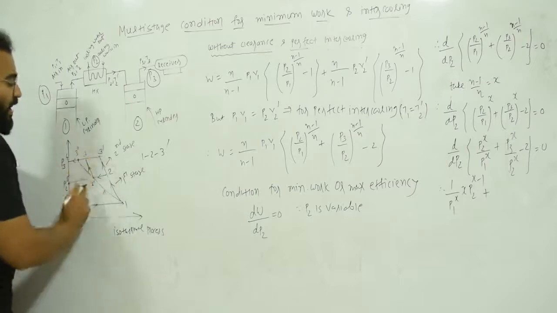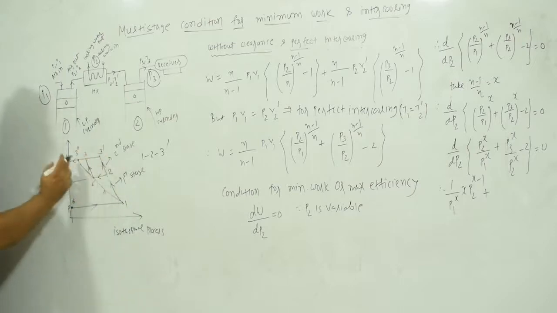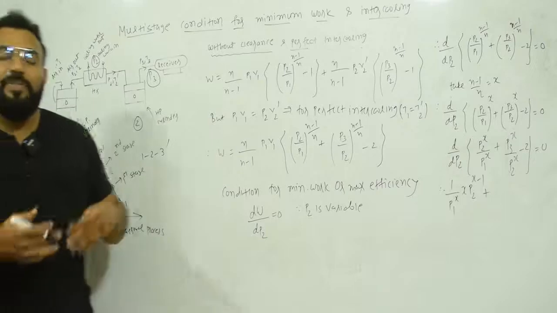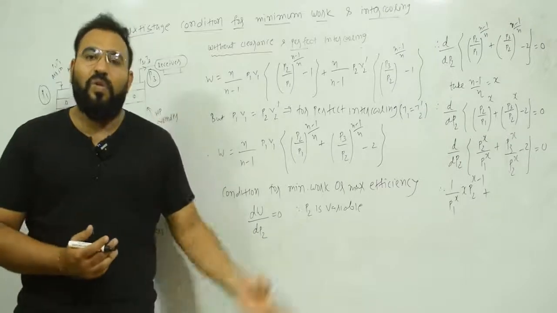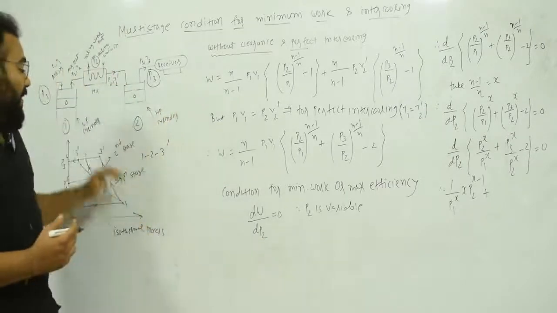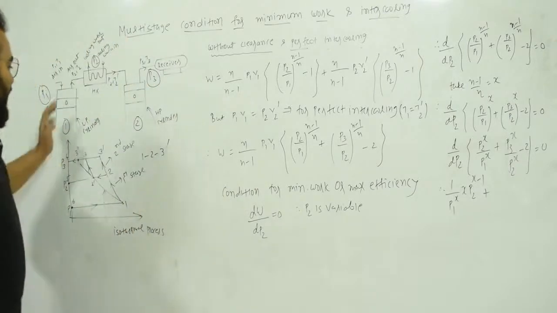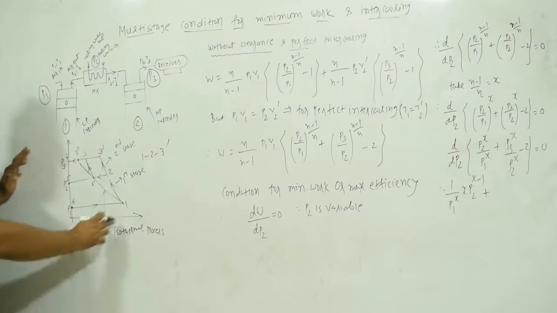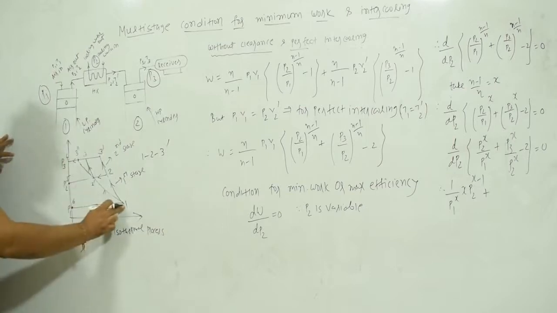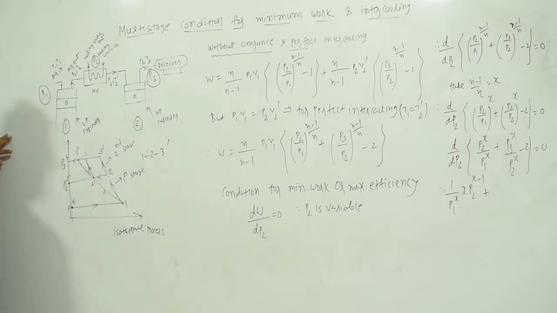You see that compared to single stage, in multi-staging you get less area under the curve. That means you have to do less work for the same curve to get the higher pressure. So that is the reason why we are doing multi-stage compression. And this is the theoretical process, isothermal: 1 to 2 dash, 2 dash to 3 double dash. That is the least work that you require, but that is the theoretical thing.